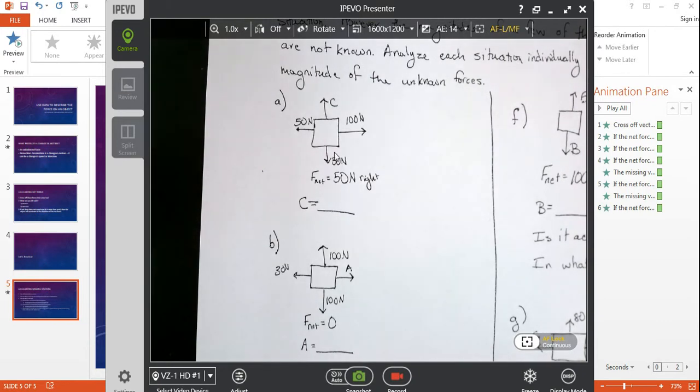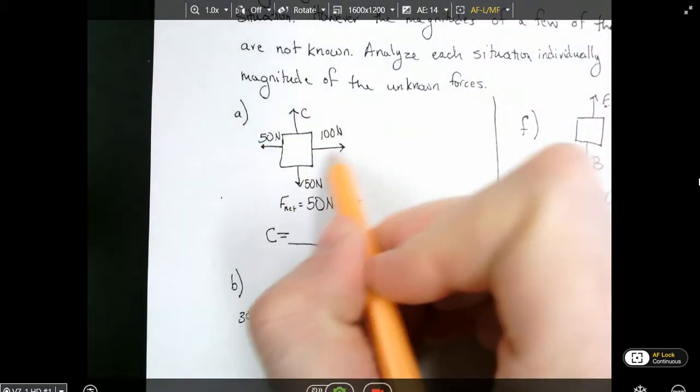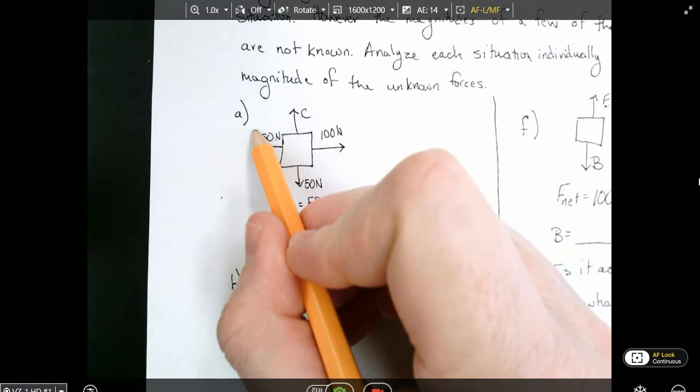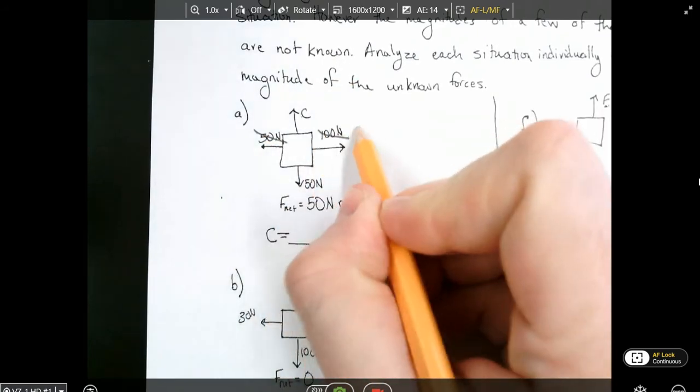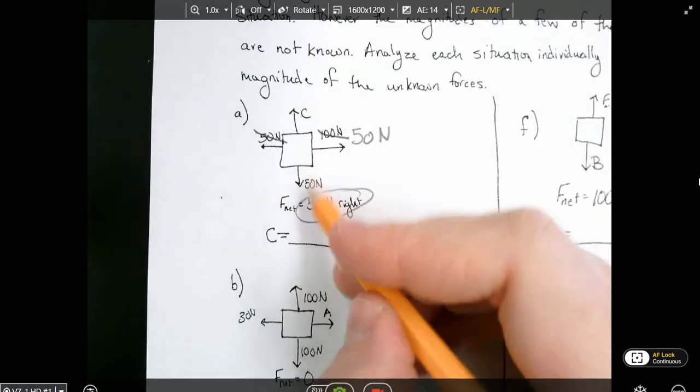So let's see. The net force is 50. Again, we want to cancel out anything that cancels. We don't know C, so we can't worry about up and down yet. But we can cancel out 50 here, leaving 50 newtons to the right, which is our net force.